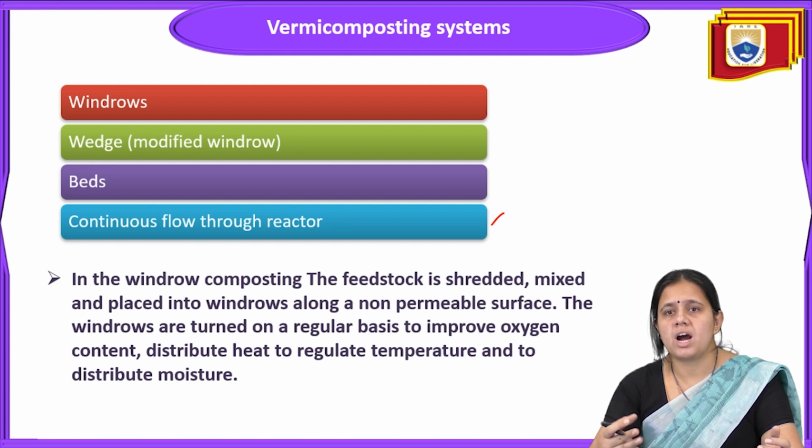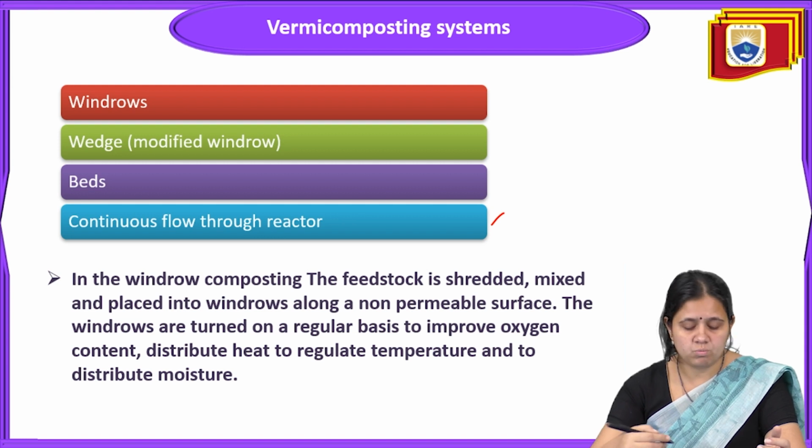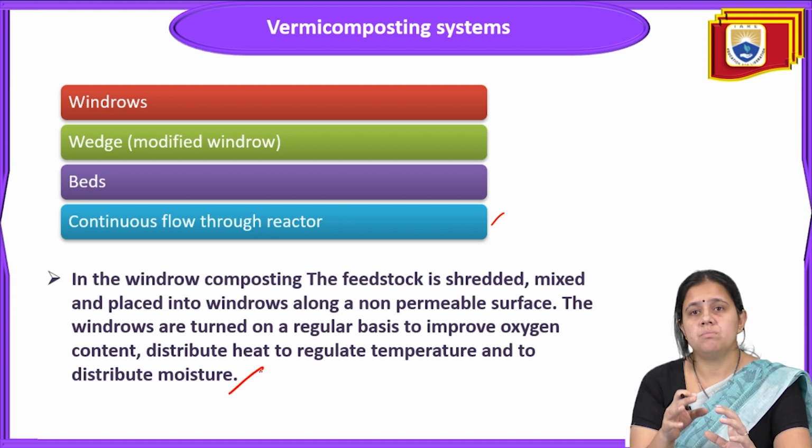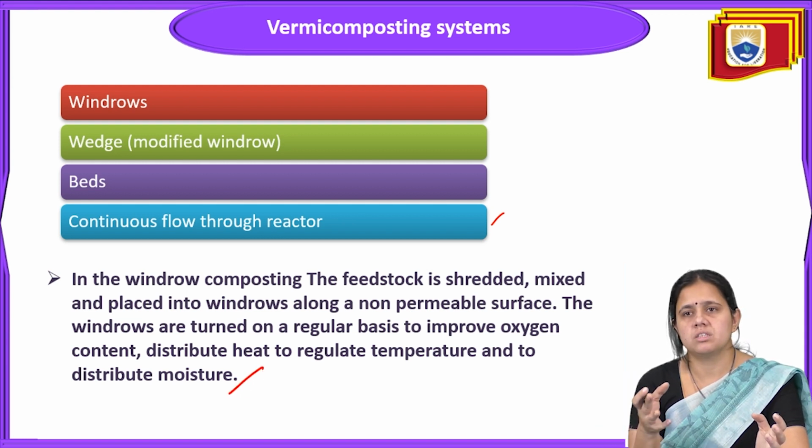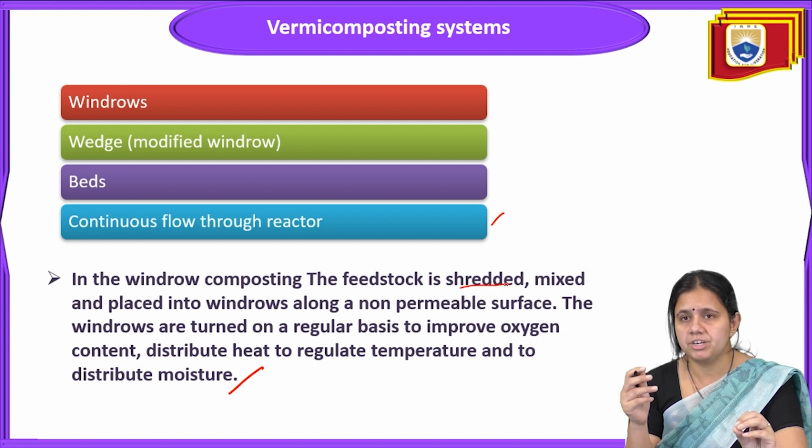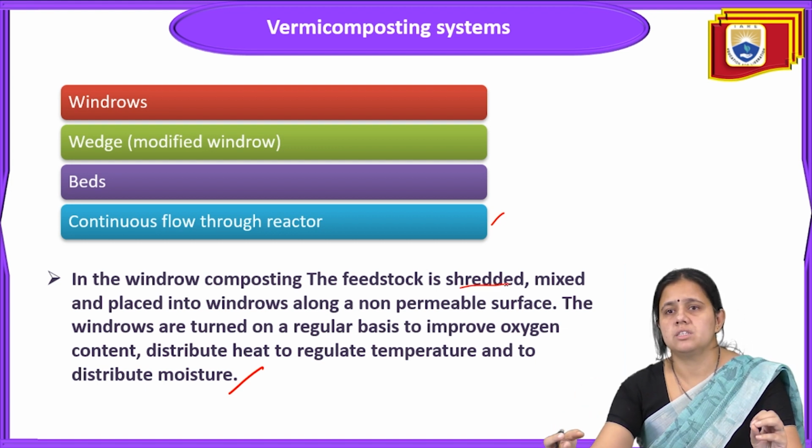The windrows are turned on a regular basis to improve the oxygen content, distribute heat to regulate temperature, and to distribute moisture also. Feedstock means the waste is shredded, mixed and placed into the windrow along a non-permeable surface.